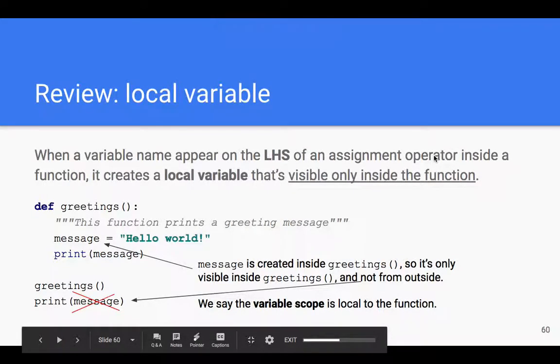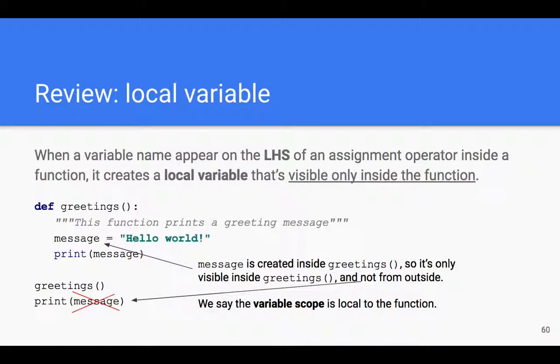Okay, so just as a quick review, what is a local variable? We saw last time that a local variable is just a name that appears on the left-hand side of an assignment operator inside a function. When that happens, it creates a local variable, which means that variable is only visible inside the function.